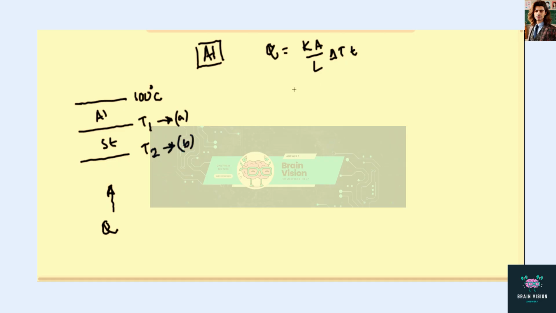We know that we are trying to find delta T, which will be given by QL over KAT. Now, the amount of heat is being delivered to boil the water. So the mass of the water that is getting boiled times the latent heat will be the amount of Q.